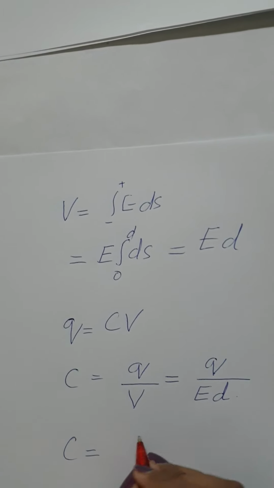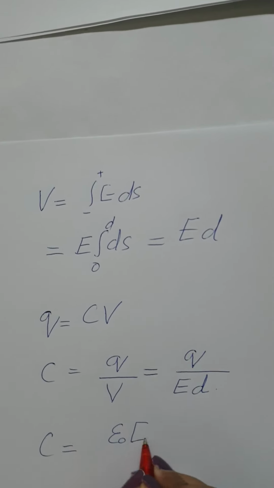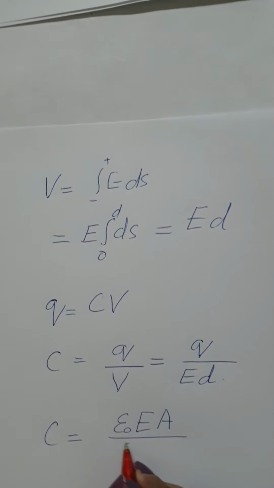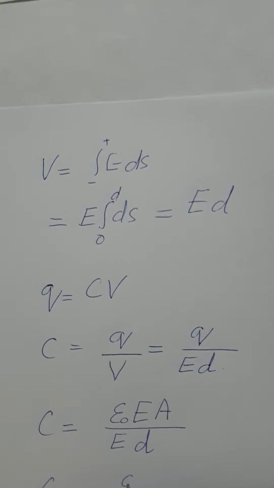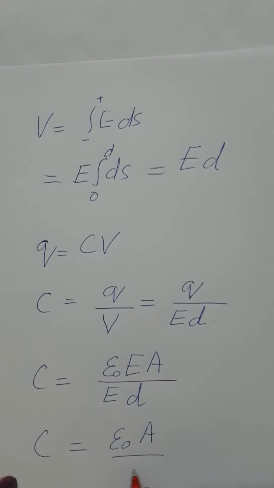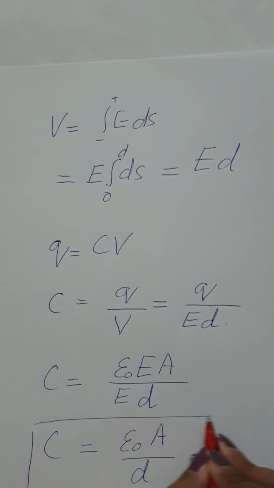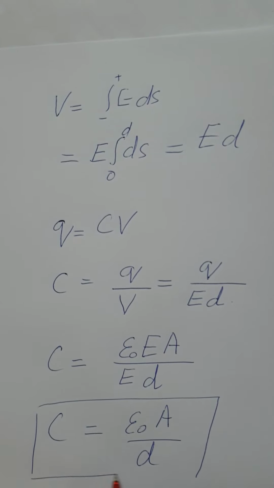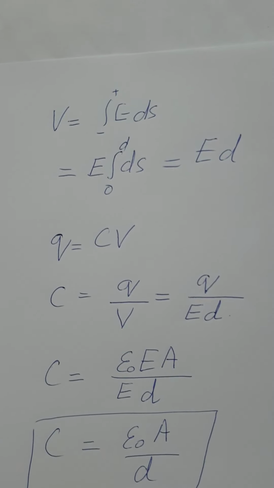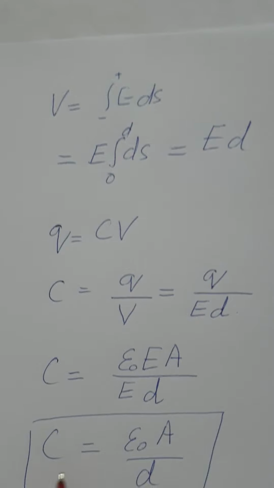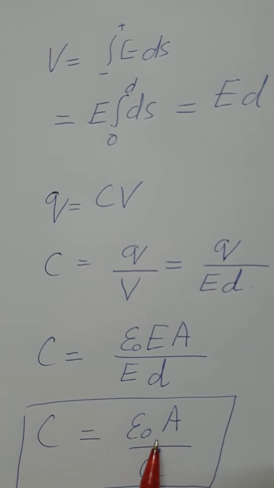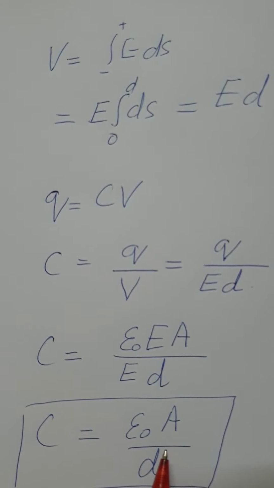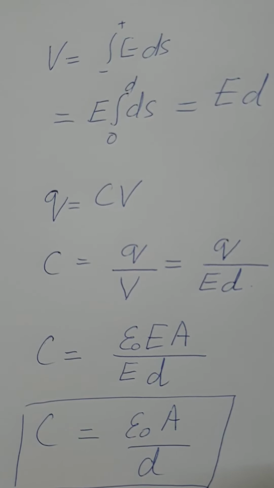So it becomes epsilon naught E A over E d, and the capacitance is epsilon naught A over d. This is the capacitance of a parallel plate capacitor, and it shows that capacitance is only dependent on geometrical factors, the plate area A and the plate separation d.